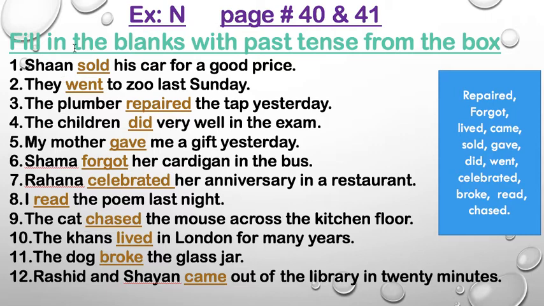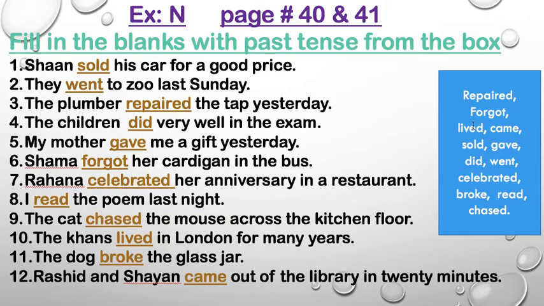Okay, fill in the blanks with past tense from the box. You have to fill in the blanks with the past tense. In the box, answers are given. From these answers you have to select the appropriate answer and fill in the blank to make a proper sentence.